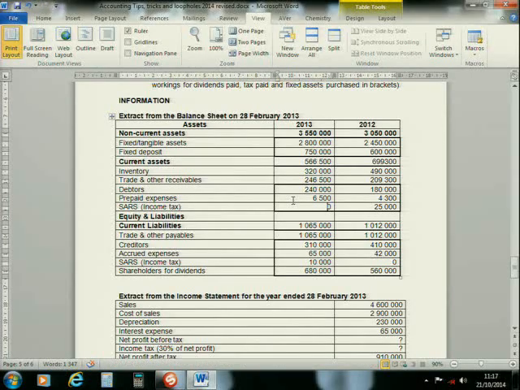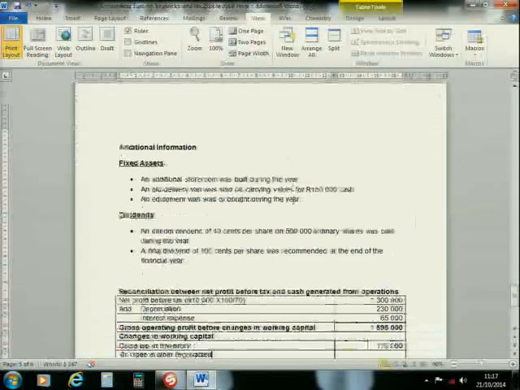So it is 209,300 minus 25,000 minus 246,500, and that gives us 62,200. An increase of 62,200, right? Increase in trade and other receivables.